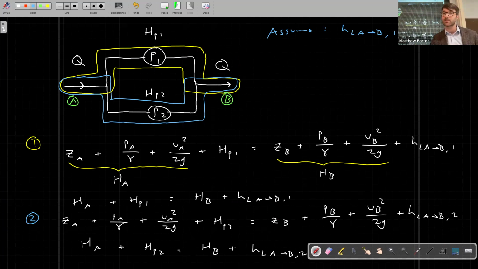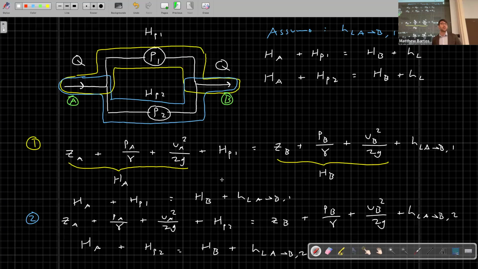So we're going to assume head loss from A to B over path 1 is equal to the head loss from A to B over path 2. So we will end up with HA plus HP1 is equal to HB plus, I'll just call it the head loss, and HA plus HP2 is equal to HB plus the head loss.